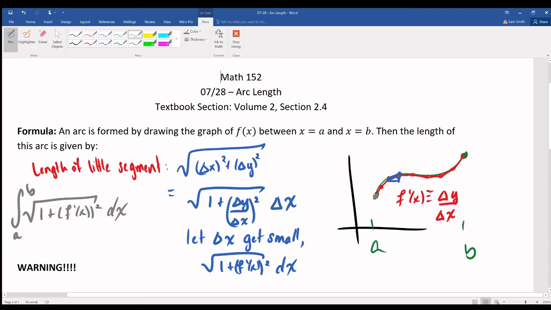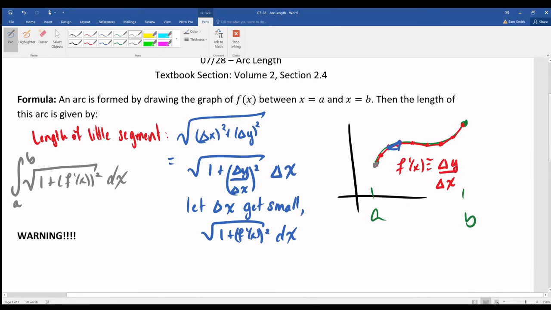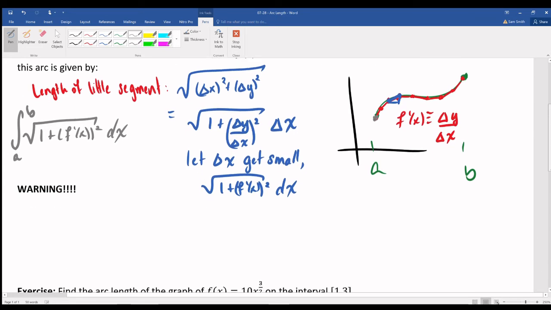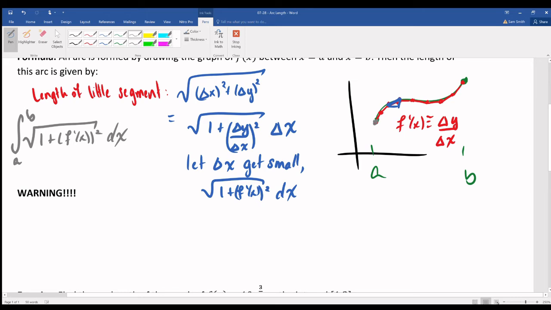Now please, this is the most important thing when you're working on these problems. If you are trying to simplify something like the square root of some quantity squared, let's call it u, plus some quantity squared, let's call it v, and you think that this is equal to u plus v, you are going to have a very hard time in this section.